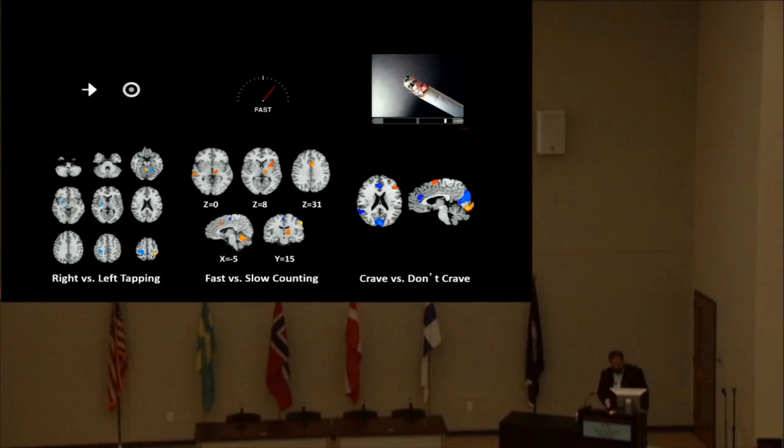So in a longer talk or a different talk, I'd be showing lots of different movies of task-based projects that we've done in the past, but suffice it to say, across a number of different interfaces and weightings.